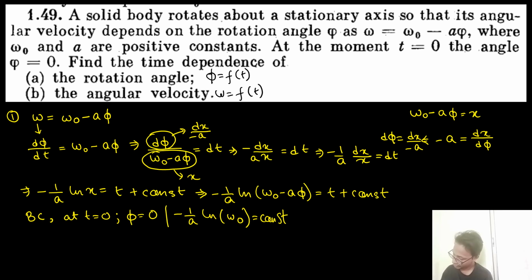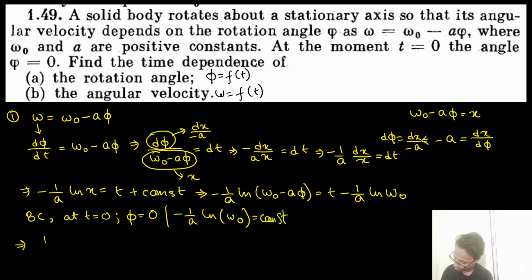Okay, so out here, can I substitute the constant by this value? Of course I can. So I'll substitute the constant with the value of the constant, minus 1 by a ln omega naught. Okay, now let me rewrite the equation. Can I send this to the left hand side? Of course.